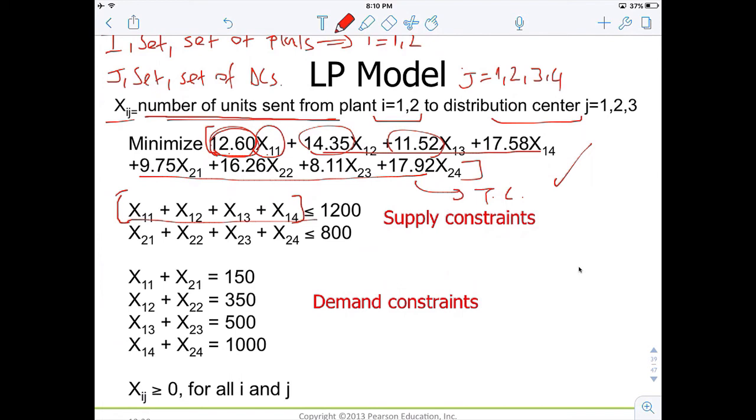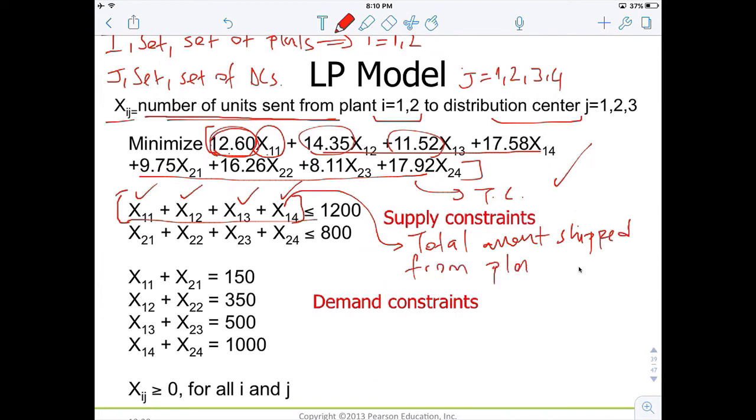So let's check out whether that's the case for the first plant. x11 is the amount shipped from plant 1 to distribution center 1, x12 the amount shipped from plant 1 to distribution center 2, from plant 1 to distribution center 3, and finally from plant 1 to distribution center 4. This whole left-hand side gives us the total amount shipped from plant 1.